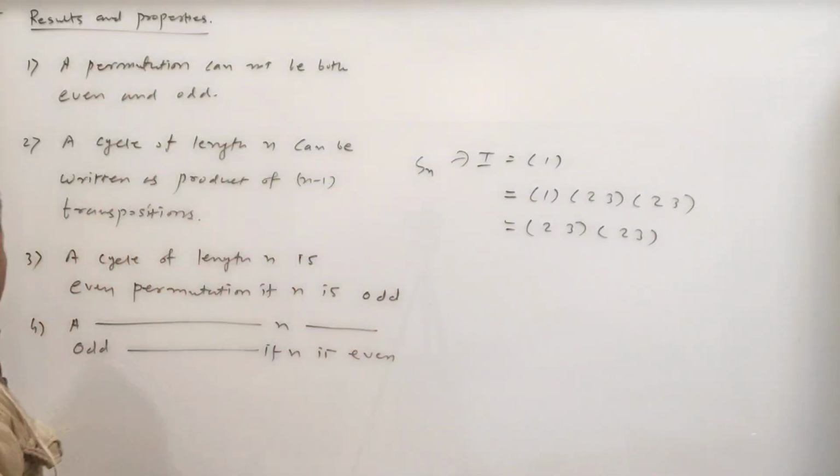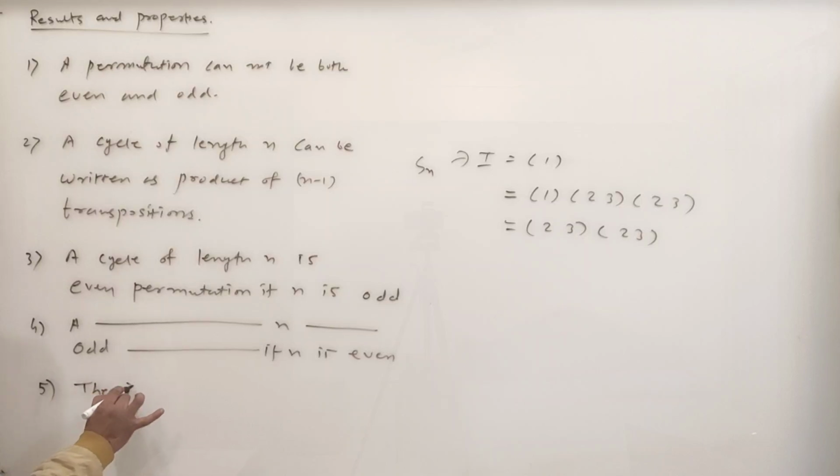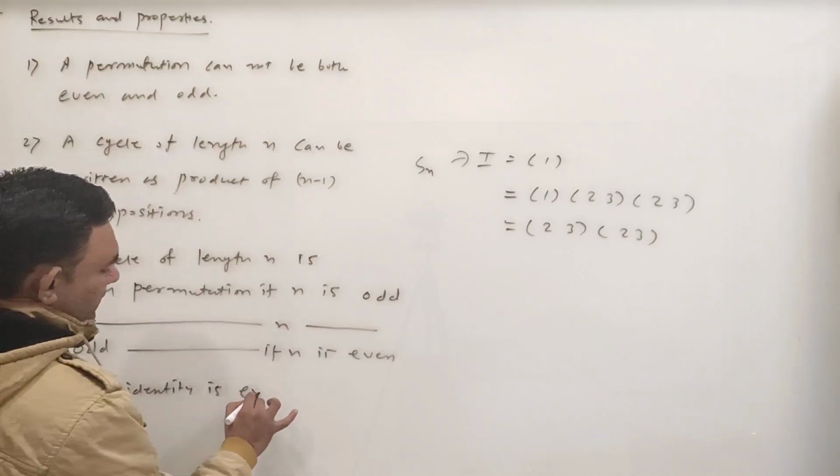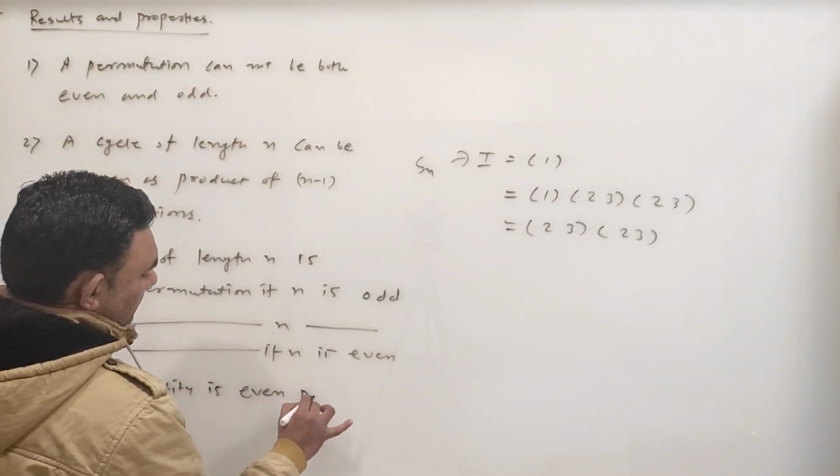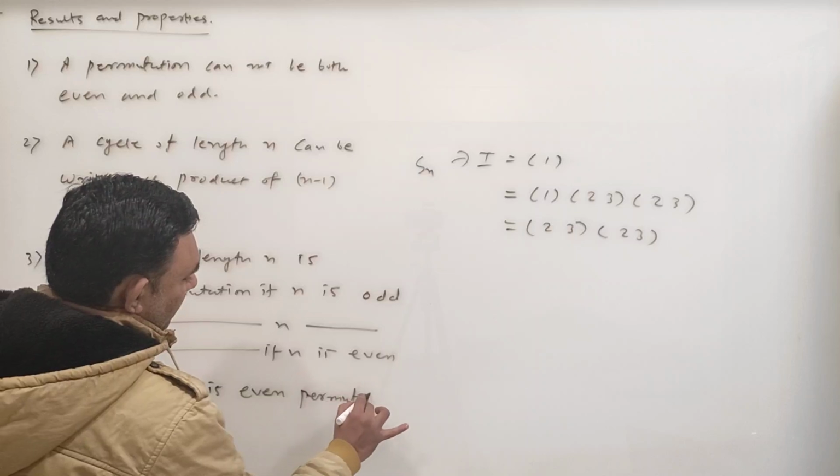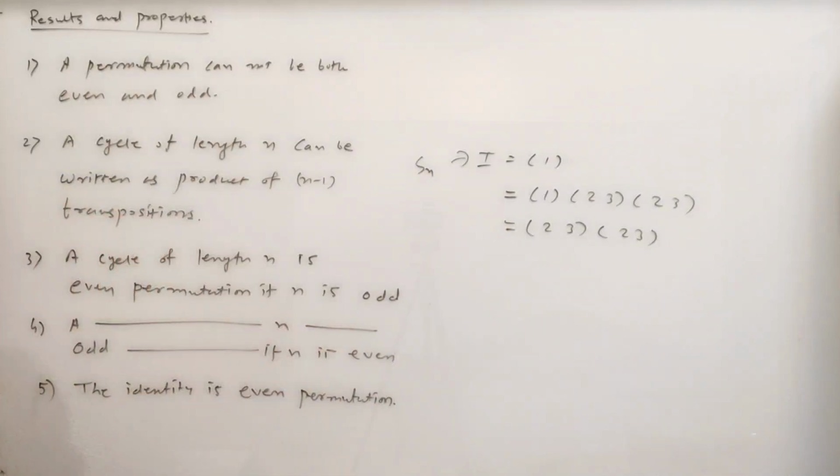So result number 5: the identity is an even permutation. Okay.